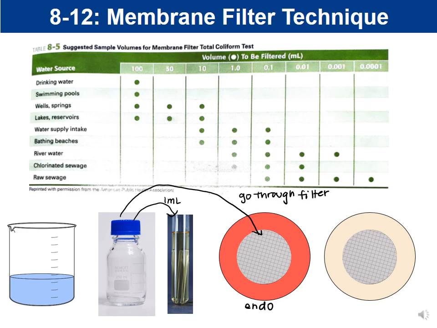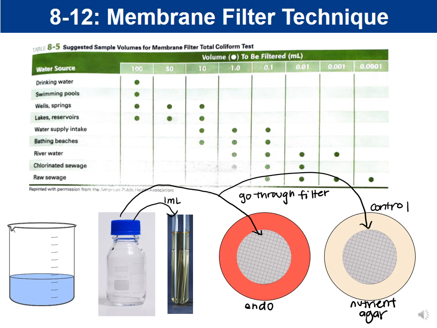Now, I'm going to talk about why in just a minute, but a good idea for a control would be to repeat this, and then instead of putting the filter on the Endo agar, also put it on nutrient agar. When I talk about the ingredients that are in the Endo agar, I'll go through why it's useful to have a control that is a nutrient agar. There's a reason, and I'll come back to that.